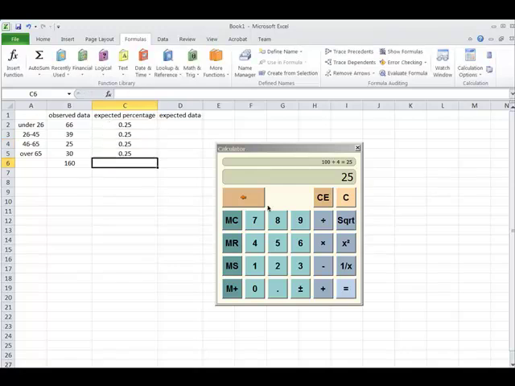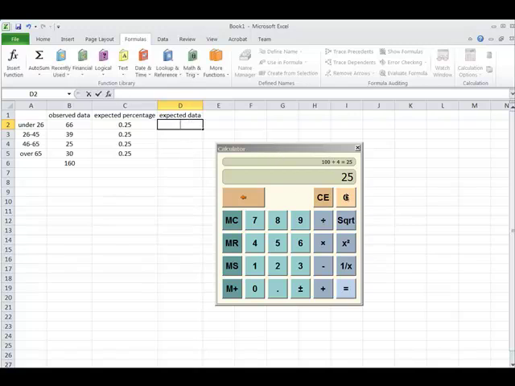So then when I go for my expected data, I'm going to take my total times the percent. That's the formula for getting the expected data when we're using only 4 groups, 1 column of observed data.